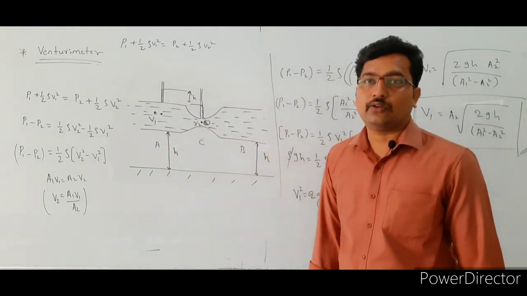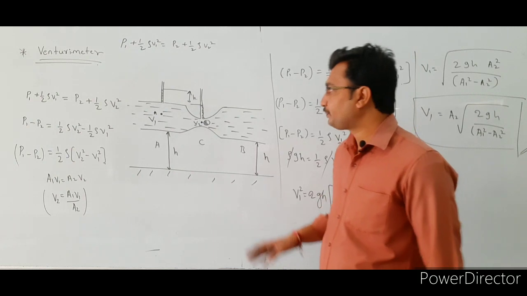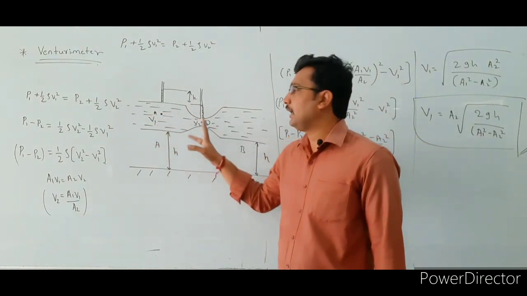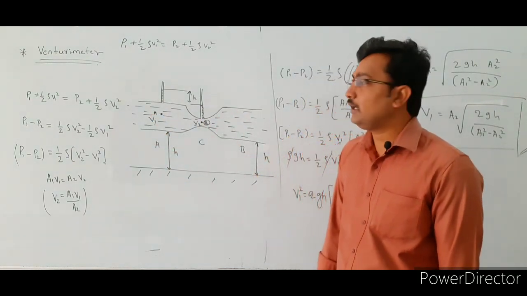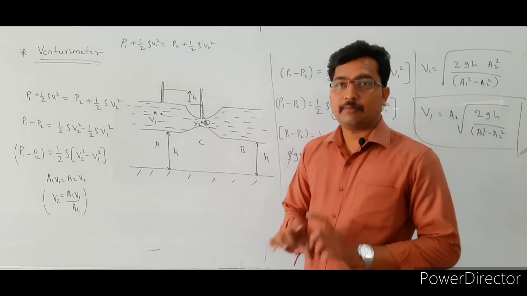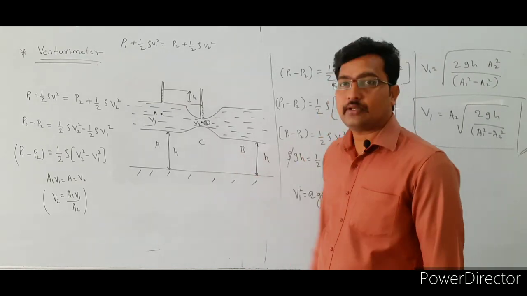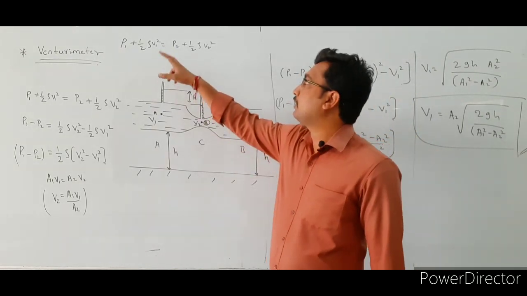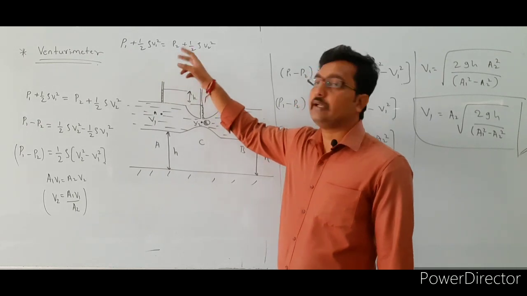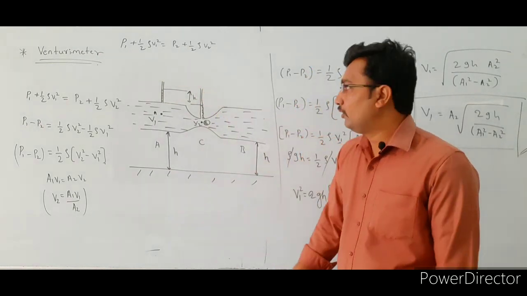So here we are going to apply Bernoulli's theorem at point A and at point B, right? Already we know Bernoulli's theorem for a horizontal pipe: P1 plus 1 by 2 rho V1 square is equal to P2 plus 1 by 2 rho V2 square.